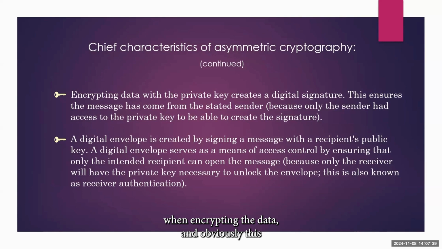And obviously this proves that the message came from the stated sender because only the sender had access to that private key to be able to create the signature. And a digital envelope can be created by encrypting a message with the recipient's public key. It's kind of the reverse of the step above. And a digital envelope serves as a means of access control by ensuring that only the intended recipient can open the message.